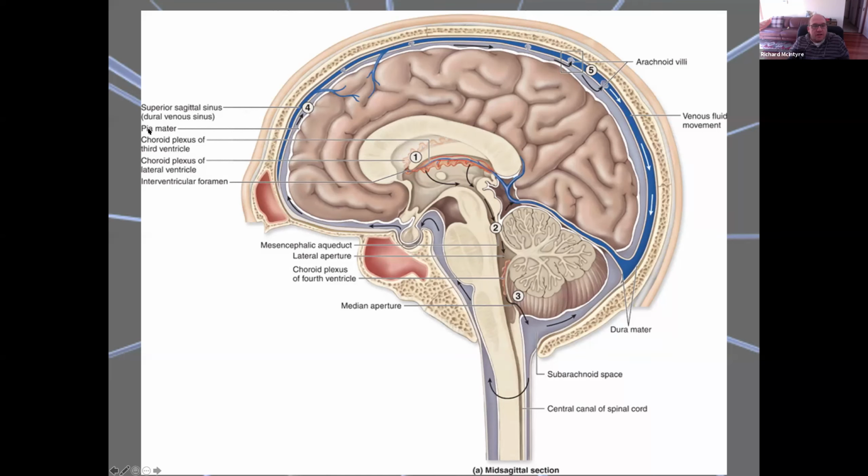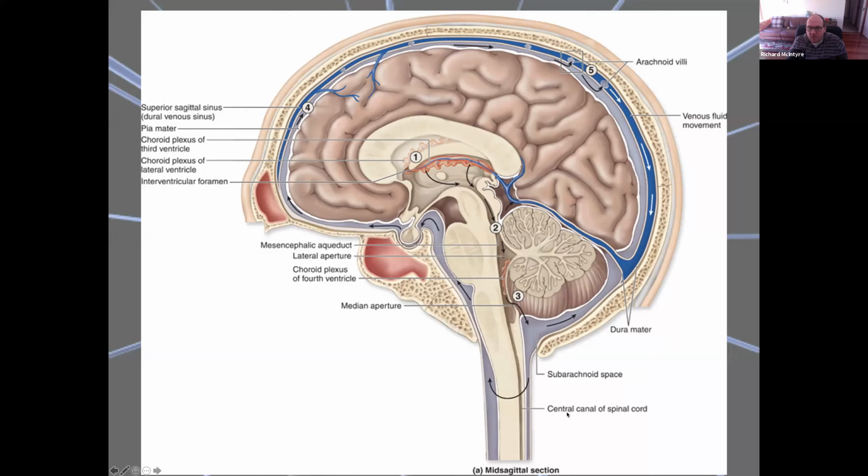I think I've got another slide there which shows the pia mater and the arachnoid mater. Or maybe we go through that in the spine. So, of course, everywhere there is CSF, we have subarachnoid space. Okay, so if CSF goes into an area, that's our subarachnoid space.